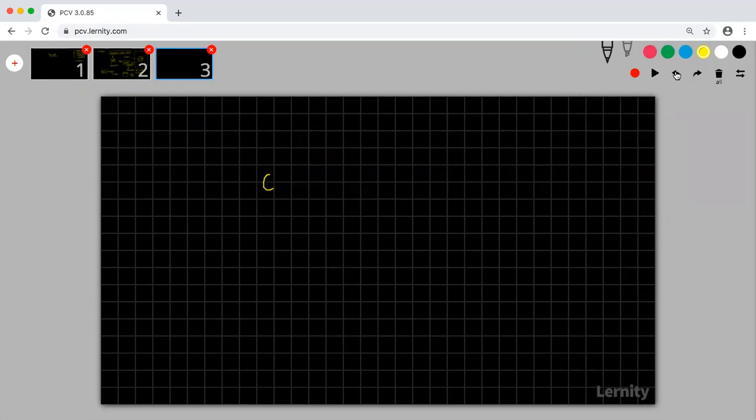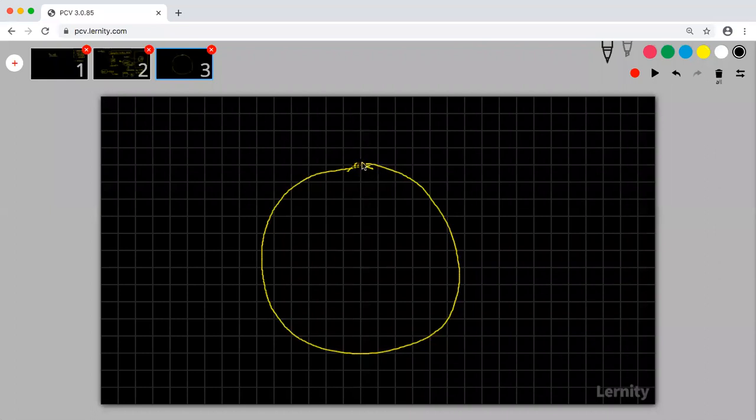Wait a minute. So you can start taking the diagram.